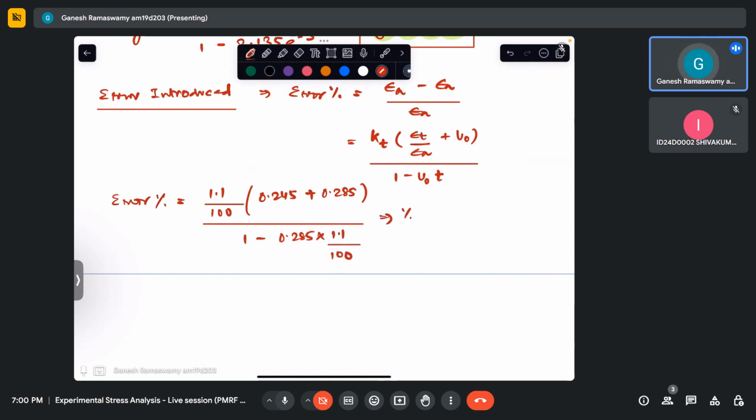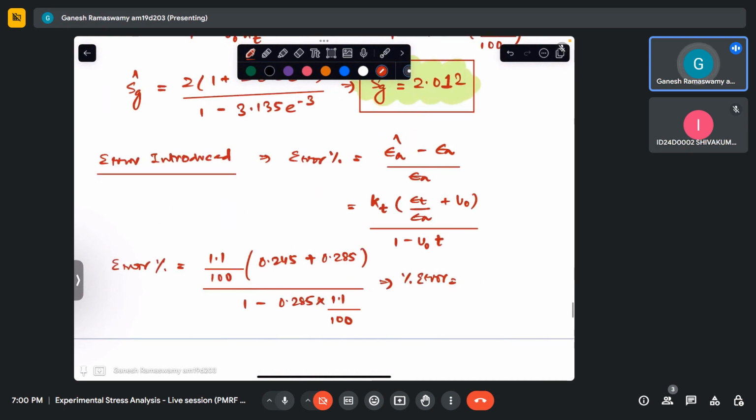So the percentage error is evaluated as 0.245 plus 0.285, into 1.1 by 100, divided by 1 minus 0.285 into 1.1 by 100.